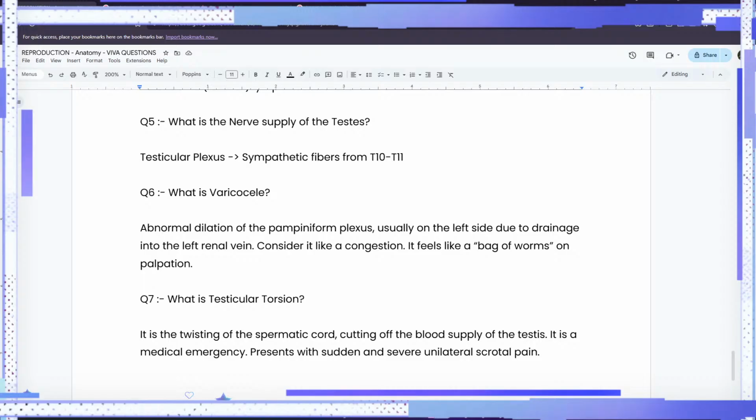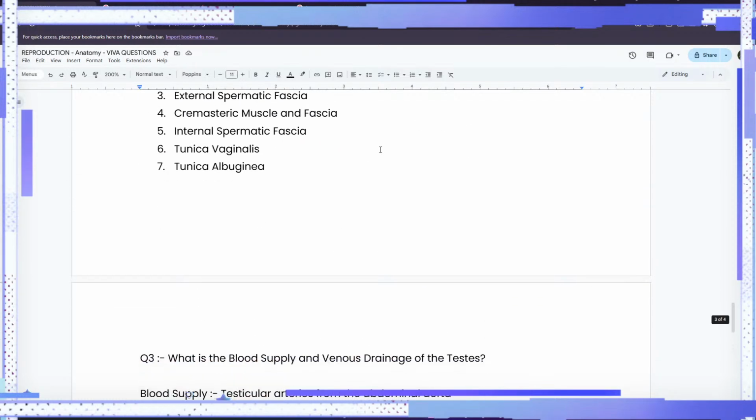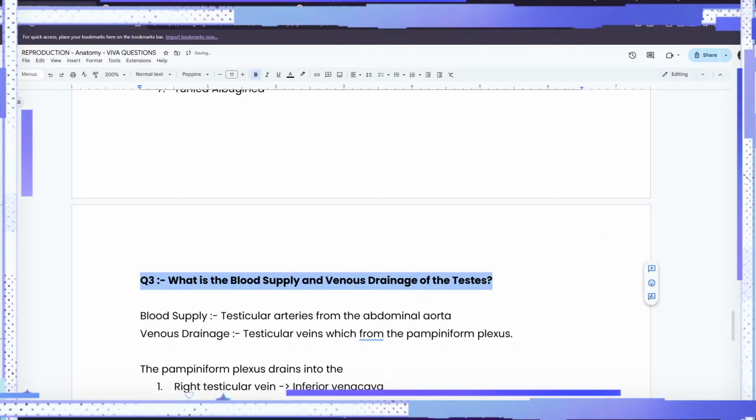Of course, next up is questions in regards to your spermatic cord. So we'll discuss the spermatic cord accordingly. Shall we? Yeah. Let me add a couple of pictures here and there.